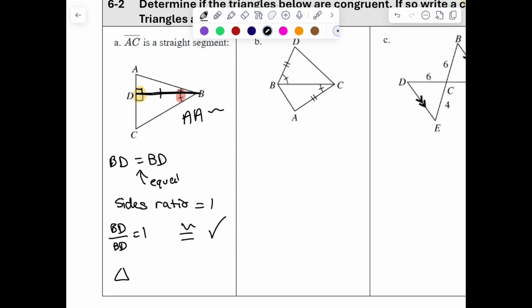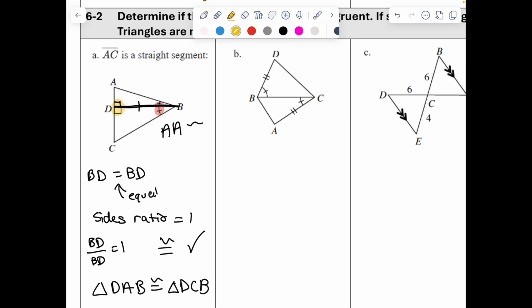So we can say triangle DAB is congruent to triangle DCB. All right. On to this one, we've got a pair of equal angles, a pair of equal sides. BC is equal to BC there, so that's another pair of equal sides.